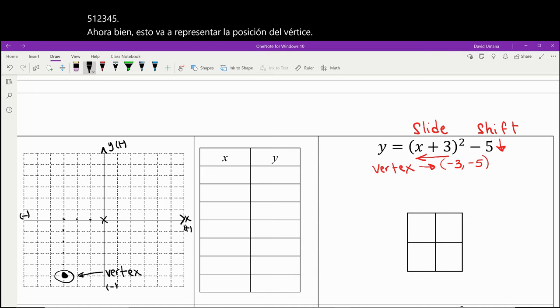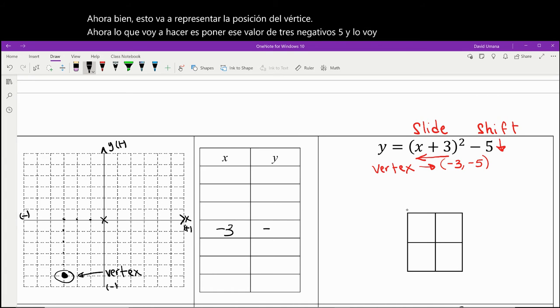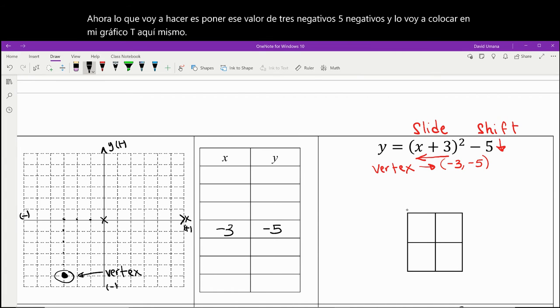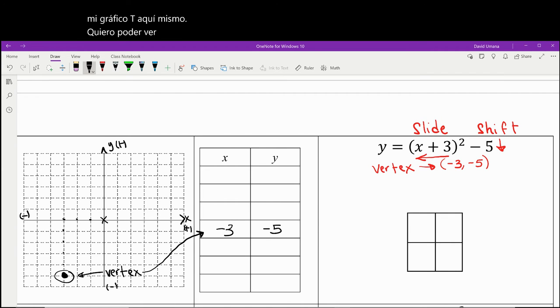Now, what I'm going to do is put that value of -3 and -5 and place it in my t-chart right here. I want to be able to see that I have the vertex in my graph, and I want to be able to see what the vertex looks like on my t-chart. Now, here's the convenient thing.